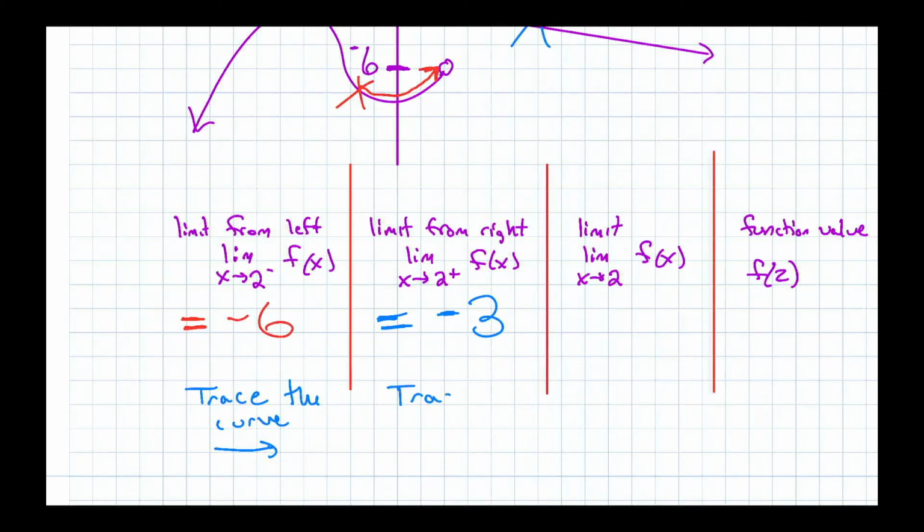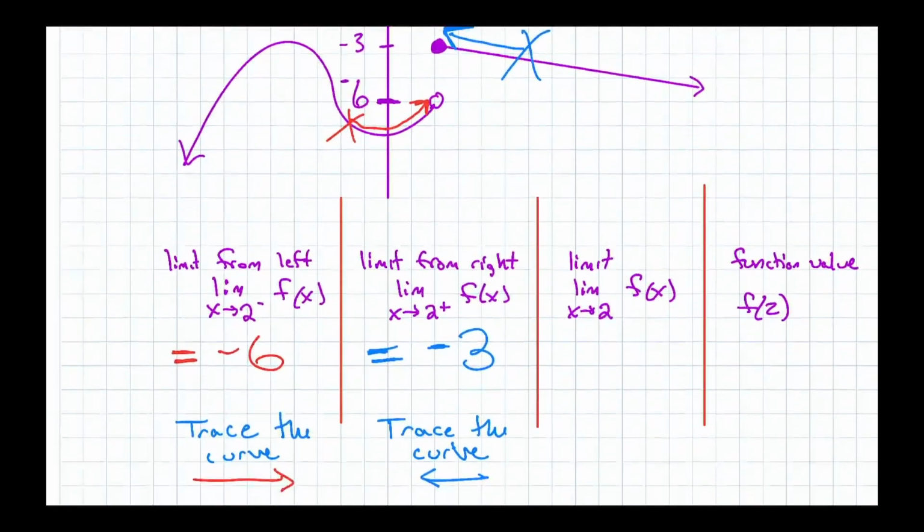And for this, you're going to trace the curve that way. And I guess I'll color code that as well, just because. Right? So left and right. But it's from the left, which is actually left to right. And this is from the right, which is actually right to left. So that's how you get those numbers.